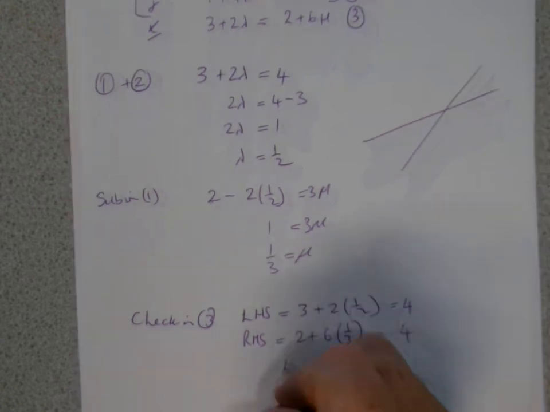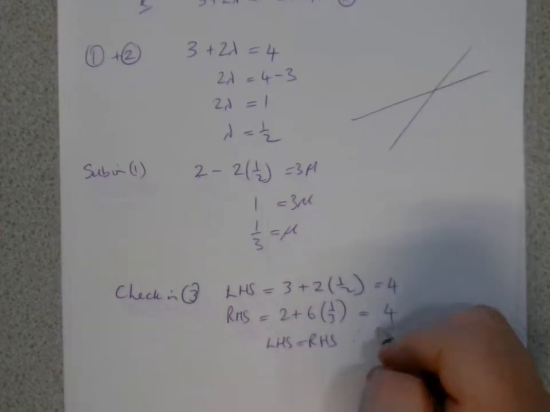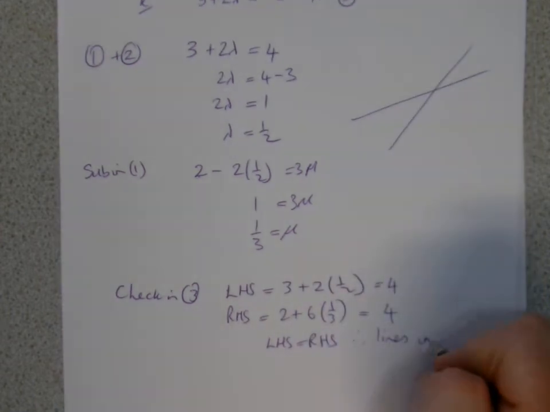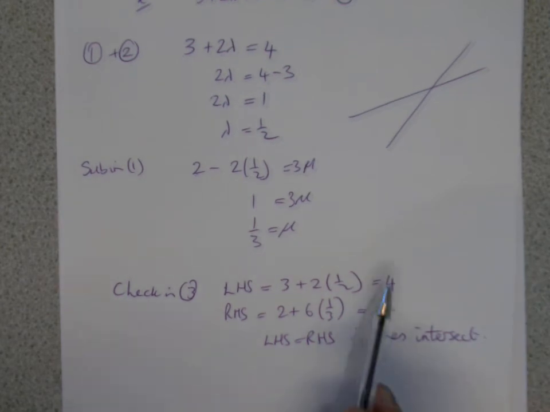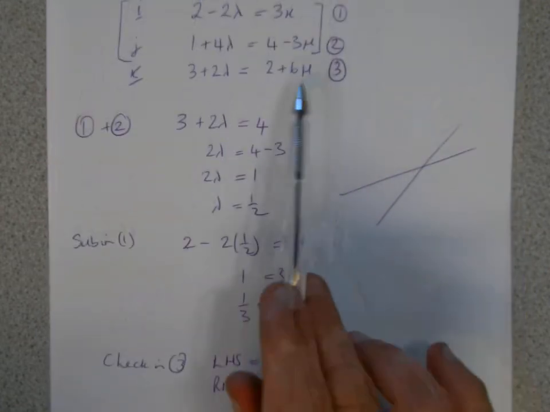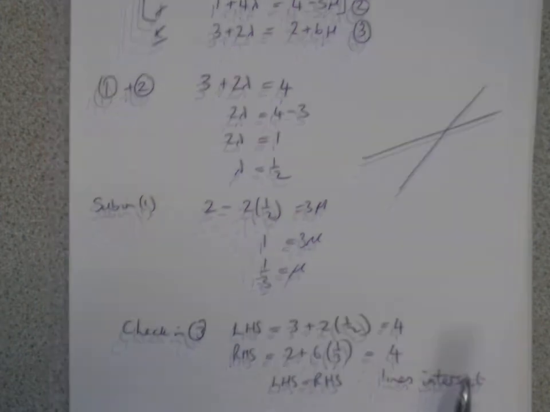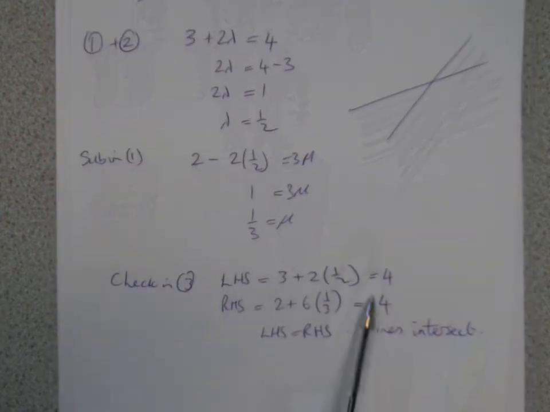So because they're the same, that means the lines will intersect. If they came out differently, then the k's wouldn't be equal. The i's and j's would be equal, but the k's wouldn't. So it's that situation where one plane maybe is higher than the other, but it looks as though they're crossing. But they do here.